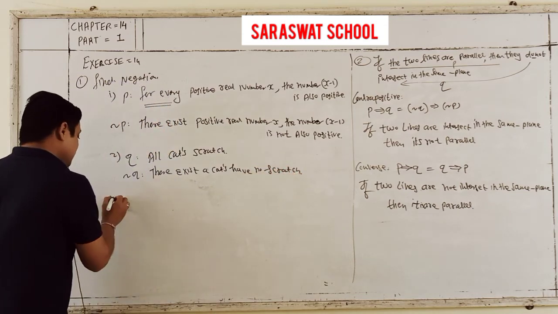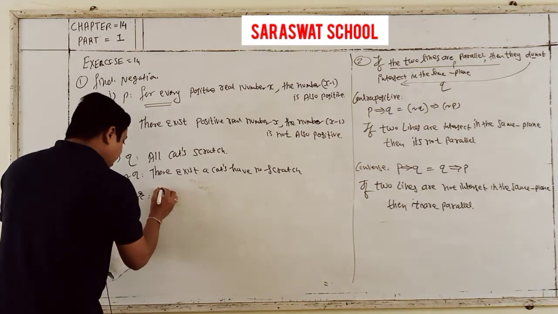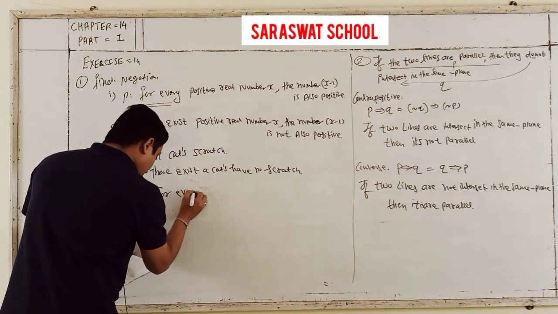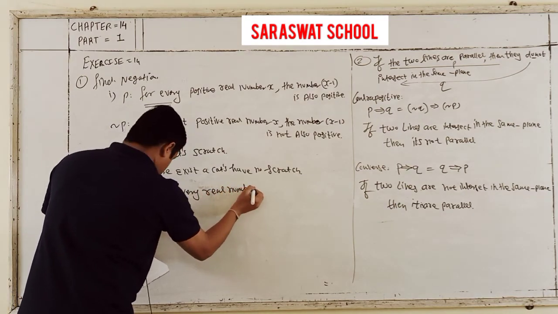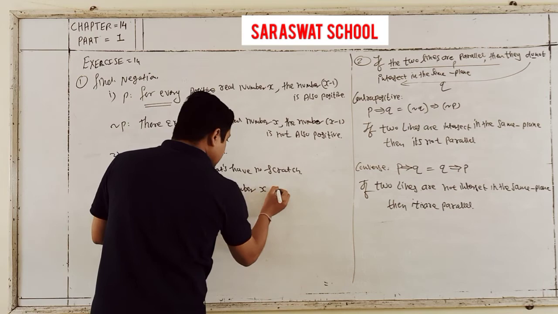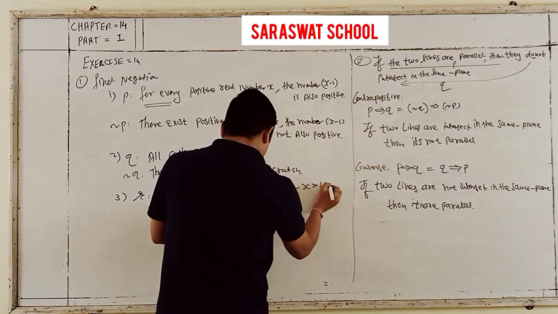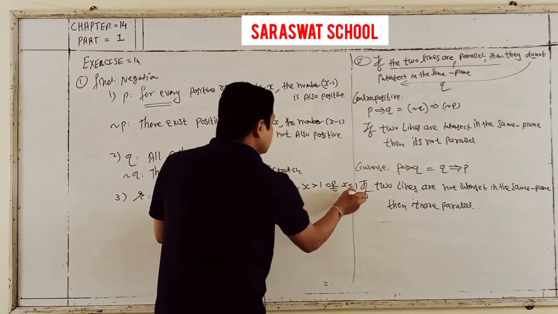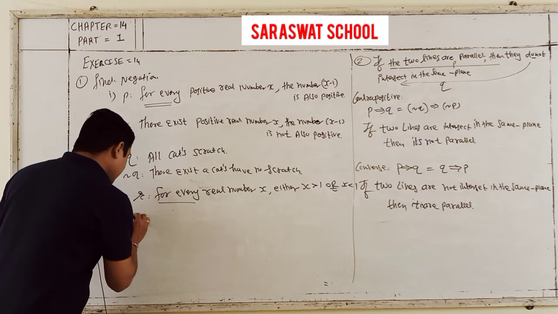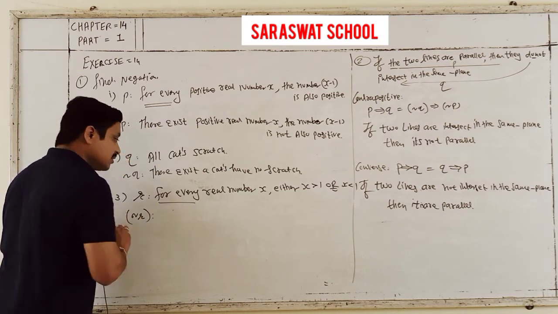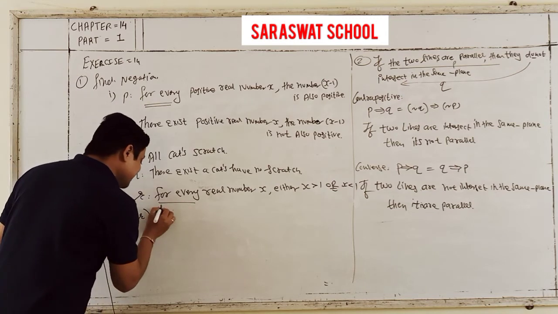Yes. Third, the given third statement: for every real number x, either x is more than 1 or less than 1. Very easy. For this 'for every', I first remove the negation of r. For every, convert it into there exists.